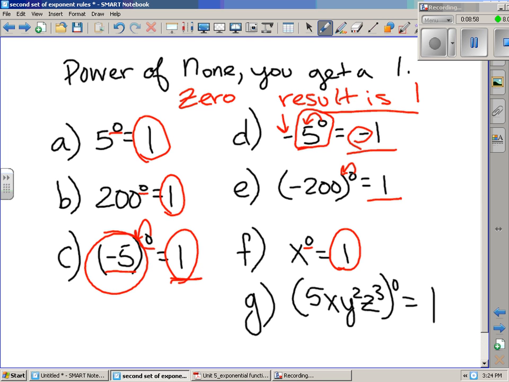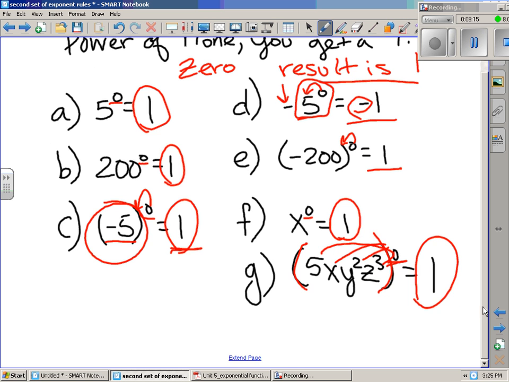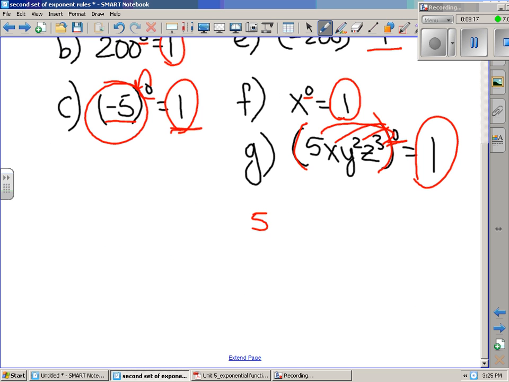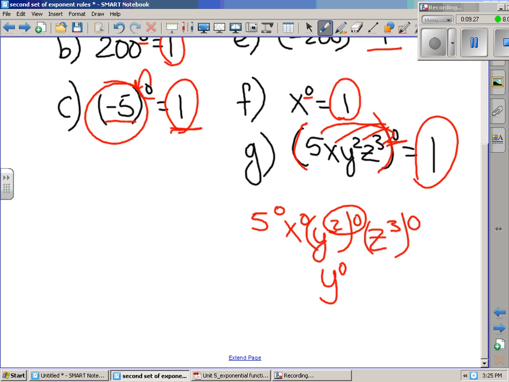Works with variables too. When you have a complicated problem like this, instead of taking 0 to every single piece, just know that power of none, you get a 1, and you can be finished. Because what's going to happen is, if you take the power to every single piece, 5 to the 0th, x to the 0th, y to the 2nd to the 0th, z to the 3rd to the 0th, then you follow your rule, power to a power, you multiply.